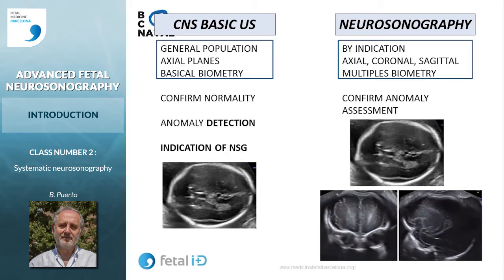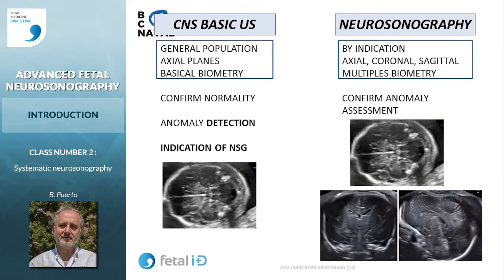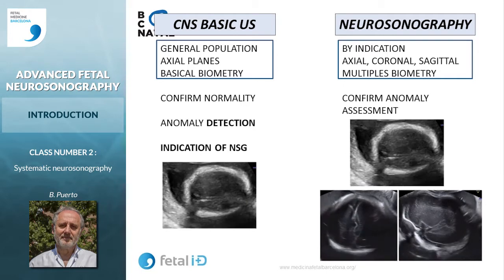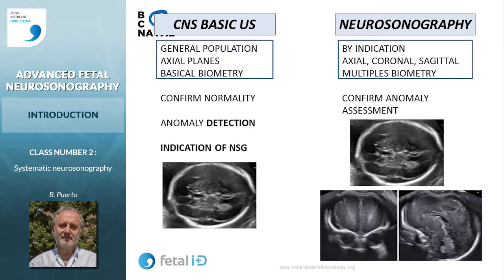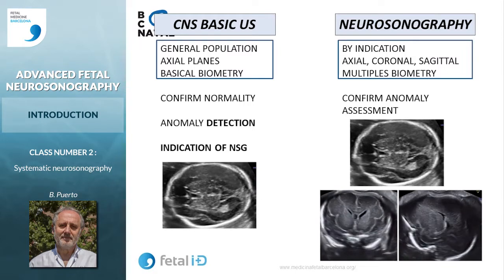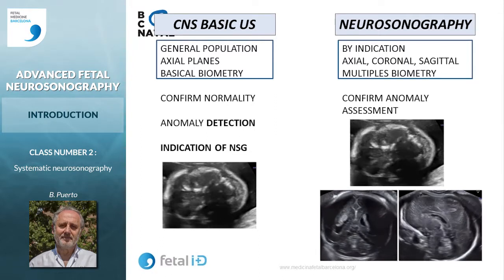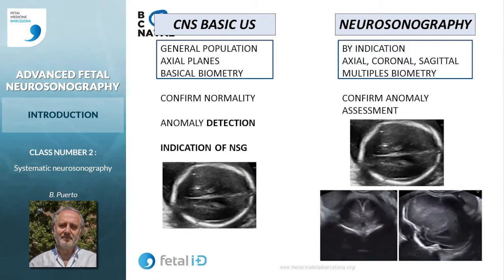Once an anomaly is detected, a neurosonography is indicated, where a multidisciplinary team will perform the ultrasound. In this case, the axial, coronal, and sagittal planes are assessed, and multiple biometries are measured, not only the basic ones performed in the basic central nervous system ultrasound.